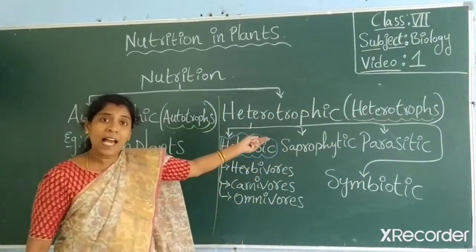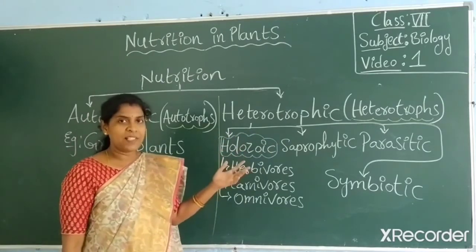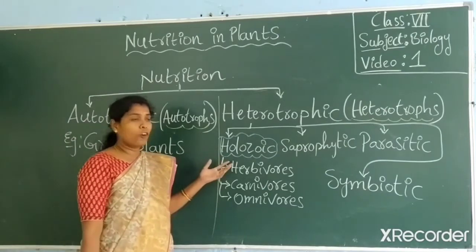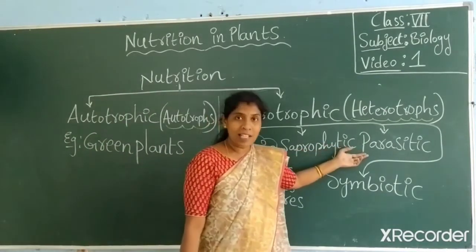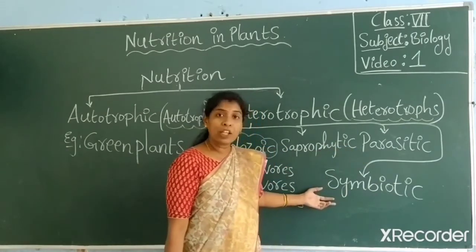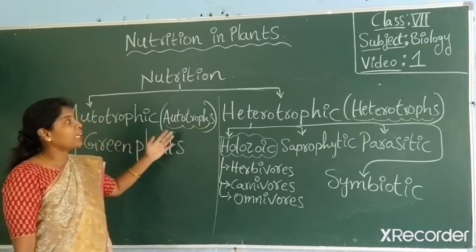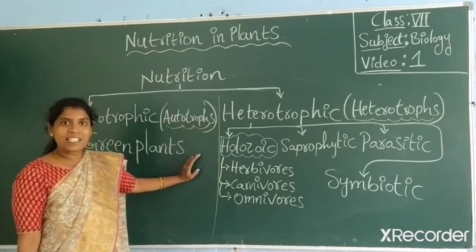Plants and animals. Among them, heterotrophs are majorly animals, but some of them are plants also. They follow holozoic nutrition, saprophytic nutrition, parasitic nutrition and symbiotic nutrition. How they follow these autotrophic and heterotrophic nutrition, we will see in the next class.